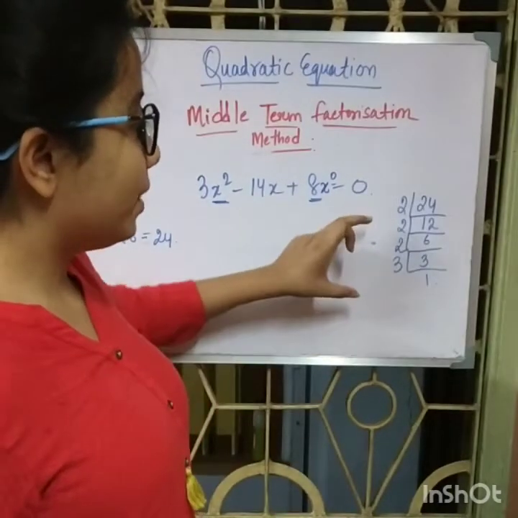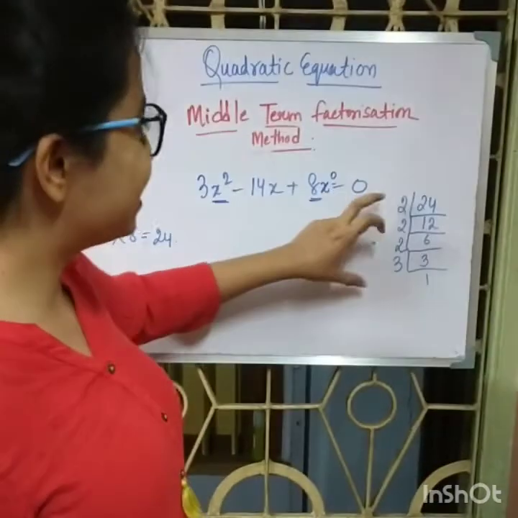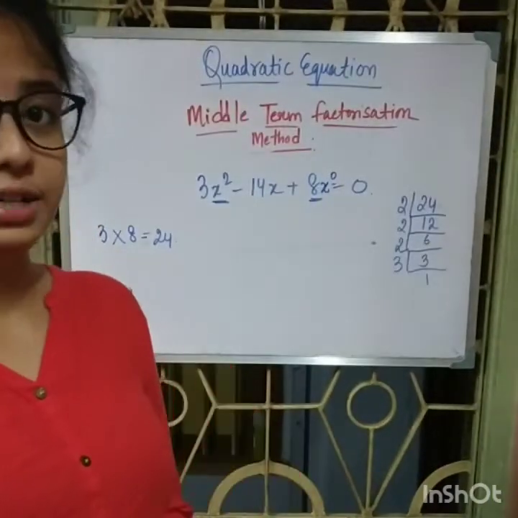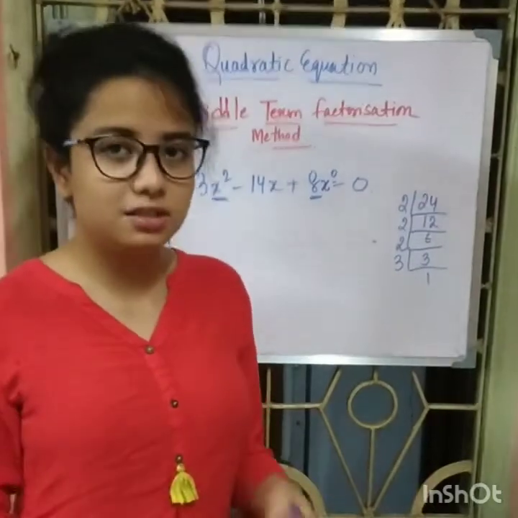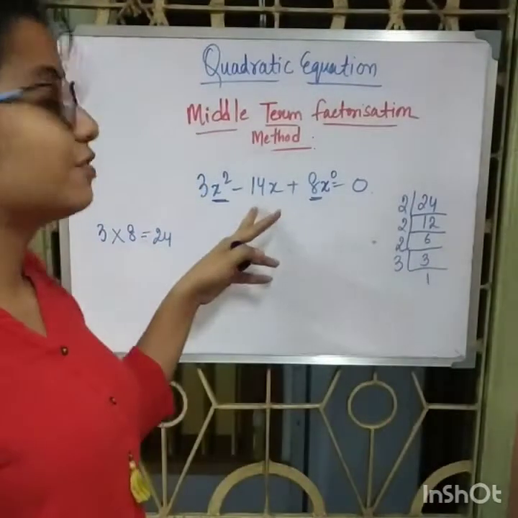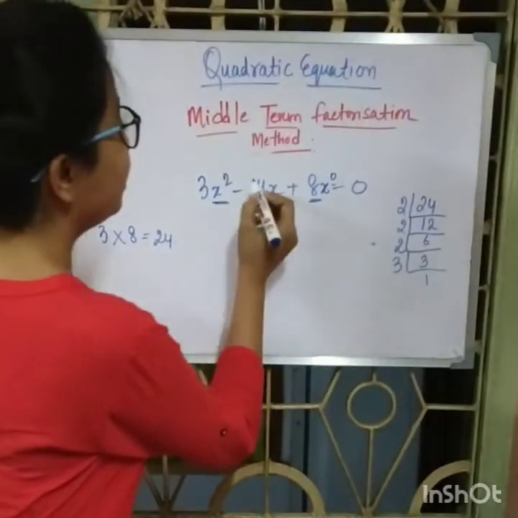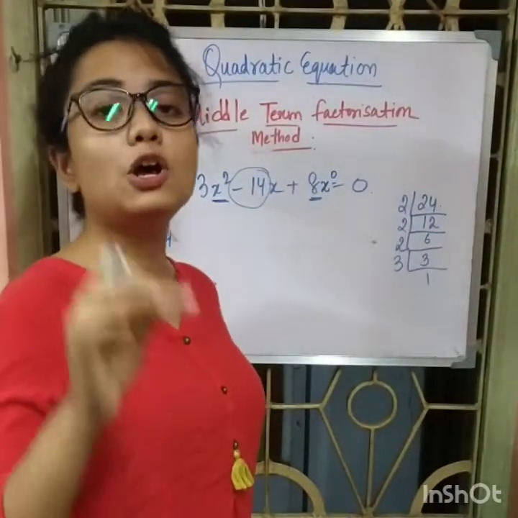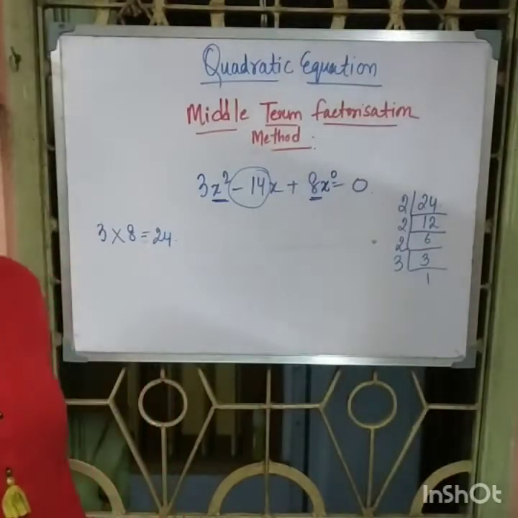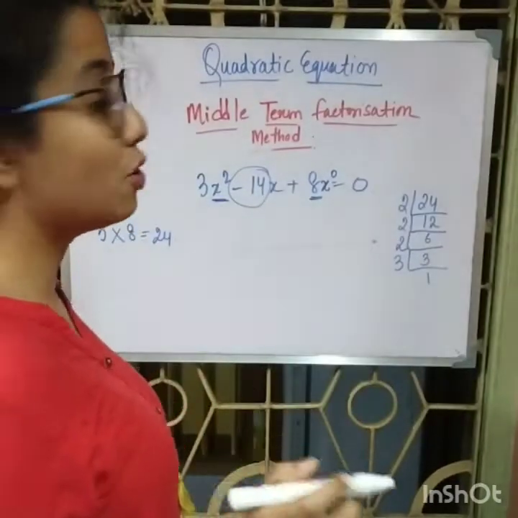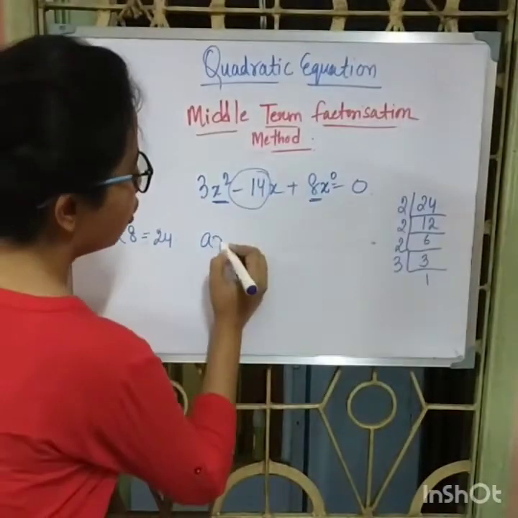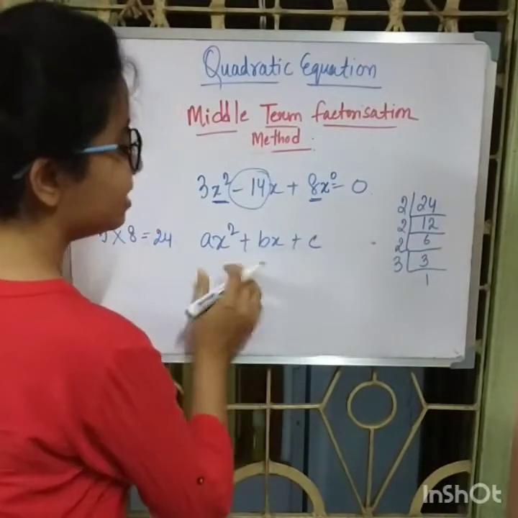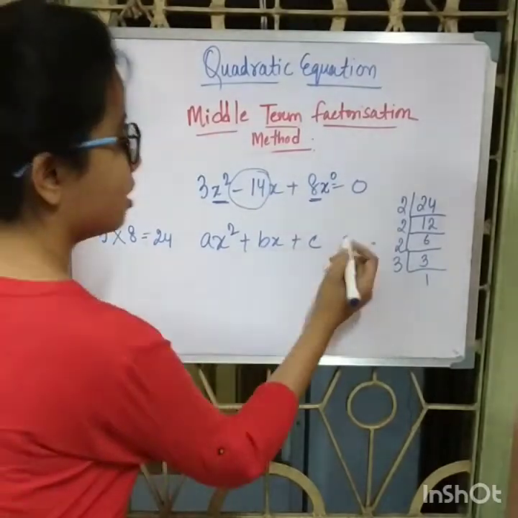Now we have to break these prime factors into two parts, such that if we add or subtract these two parts, we'll get 14. No, we'll get minus 14. We need to take care of the signs as well, because the general form of a quadratic equation is always ax square plus bx plus c is equal to 0.